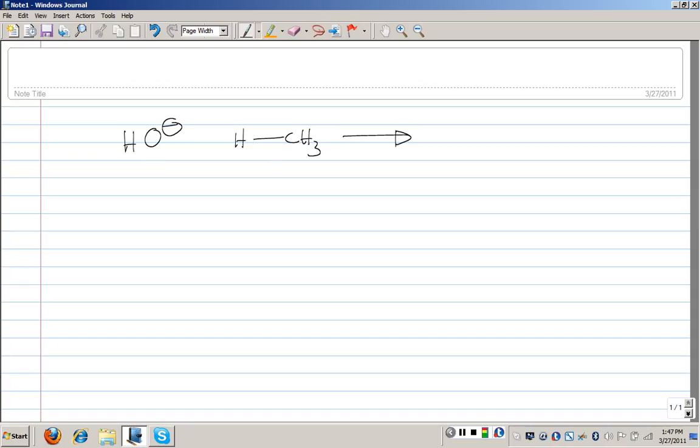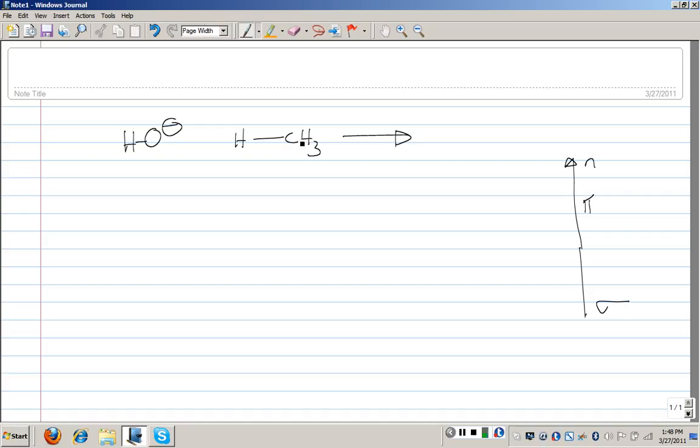The answer is, hydroxide has an H, and therefore, technically, the hydroxide could be a proton donor. So functionally, hydroxide could function as an acid and donate a proton to the methane. But the problem is, our definition of a base is an electron pair donor, and we know full well that the only electron pairs that are donatable are lone pairs and pi pairs. Sigma pairs are non-nucleophilic, they're also non-basic.